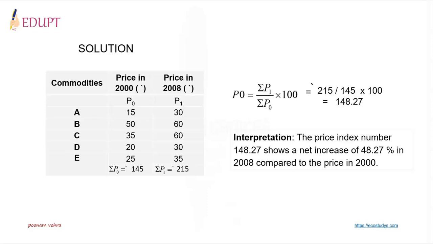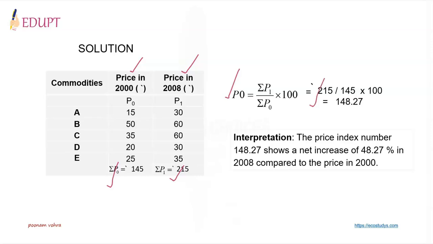Second column is prices of these commodities that existed in 2000. Third is prices of these commodities that existed in 2008. You need to simply have a summation of P0, which is prices of the base year, and a summation of prices that exist in the current year, sigma P1. And then apply the formula. P01 is sigma P1 by sigma P0 into 100.